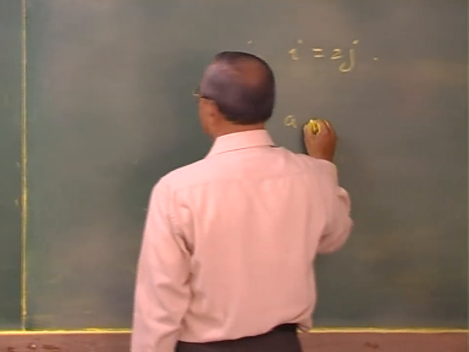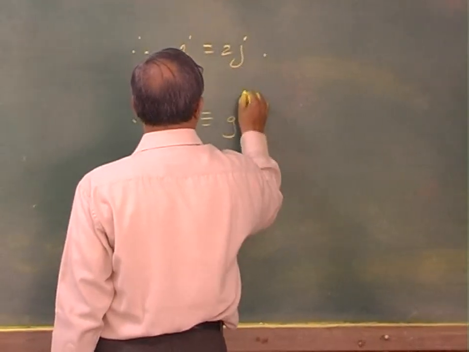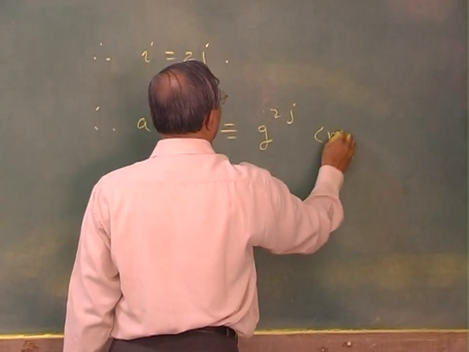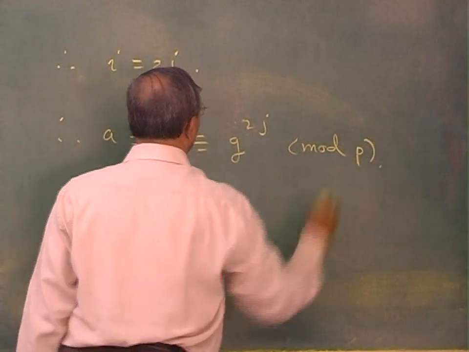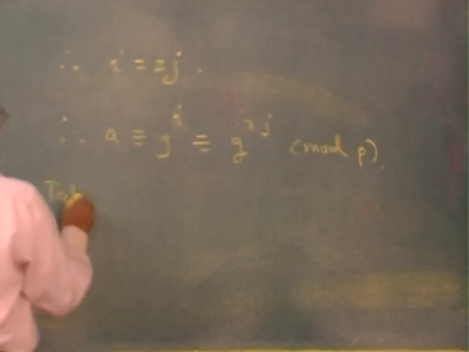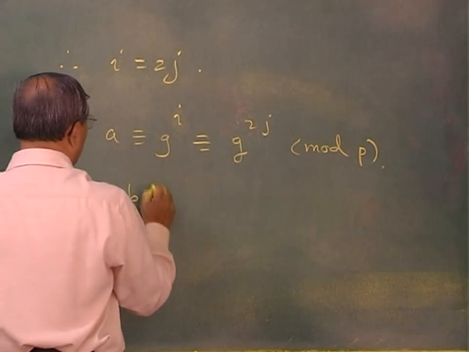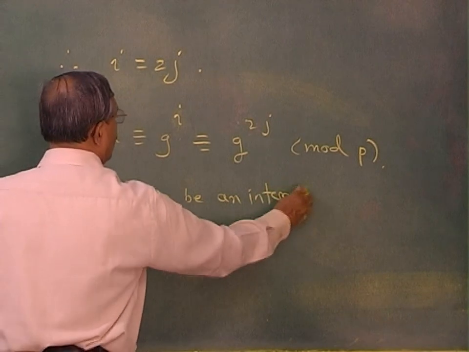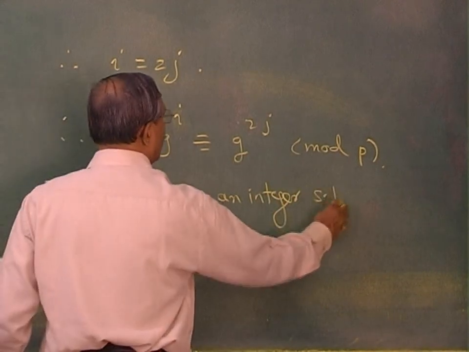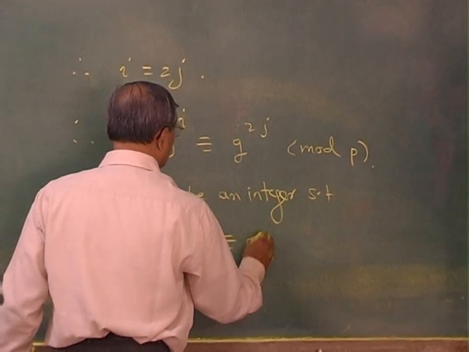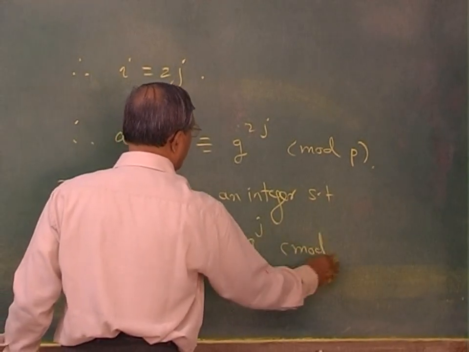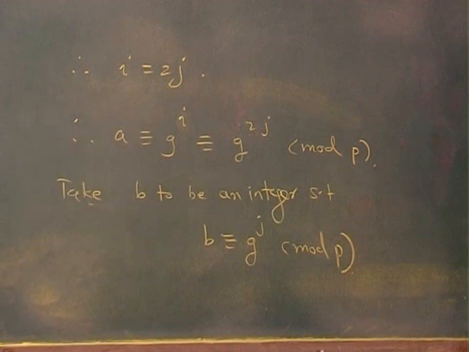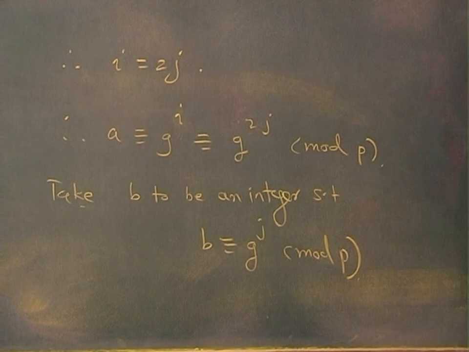Therefore, A is congruent to G raised to I, which is congruent to G raised to 2Z mod P. So take B to be an integer such that B is congruent to G raised to Z mod P. Take this as B, any integer which is congruent to G raised to Z mod P. So what is B square?